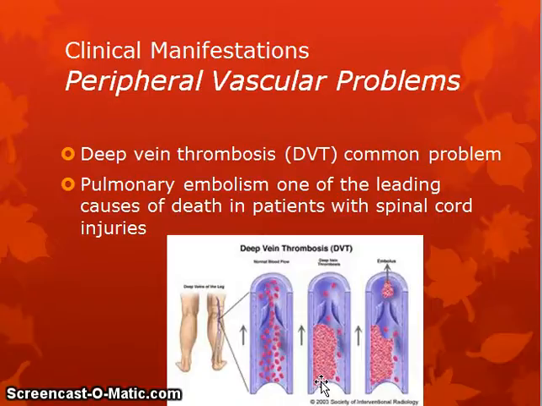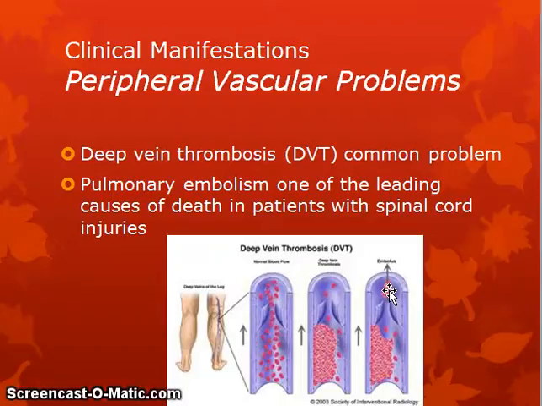The problem is that a lot of times with these DVTs, part of the clots will break off, and they'll travel up through the circulation and lodge themselves in the heart or the lung and cause complications like heart attacks, or have their lungs not be able to exchange air.